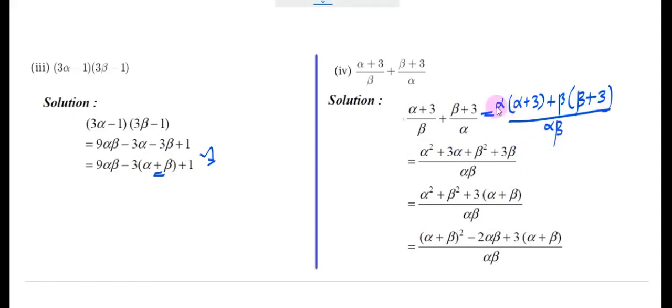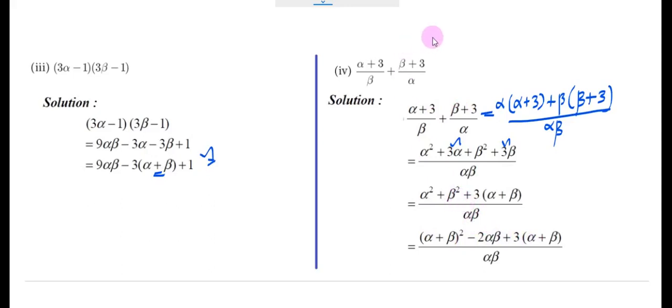Now multiply the alpha inside, so alpha into alpha, alpha square plus 3 alpha plus beta square plus 3 beta, whole divided by alpha beta, that is equal to alpha square plus beta square plus 3 into alpha plus beta. Here 3 is common, so 3 into alpha plus beta, whole divided by alpha beta.